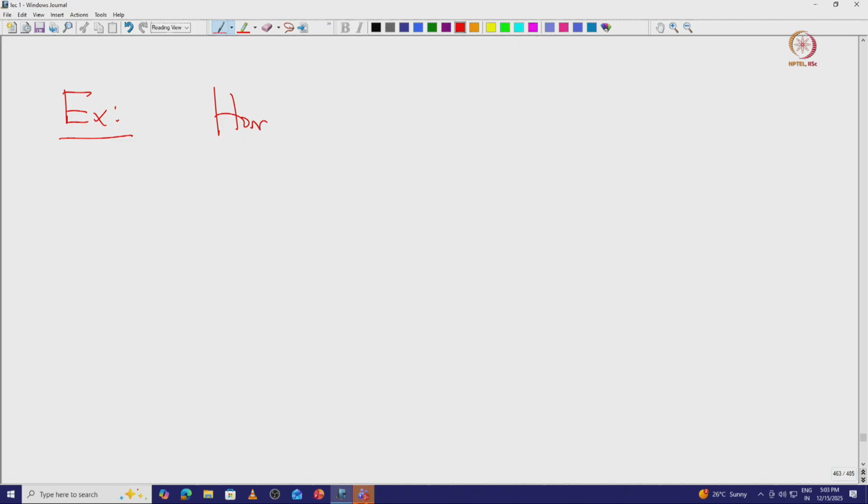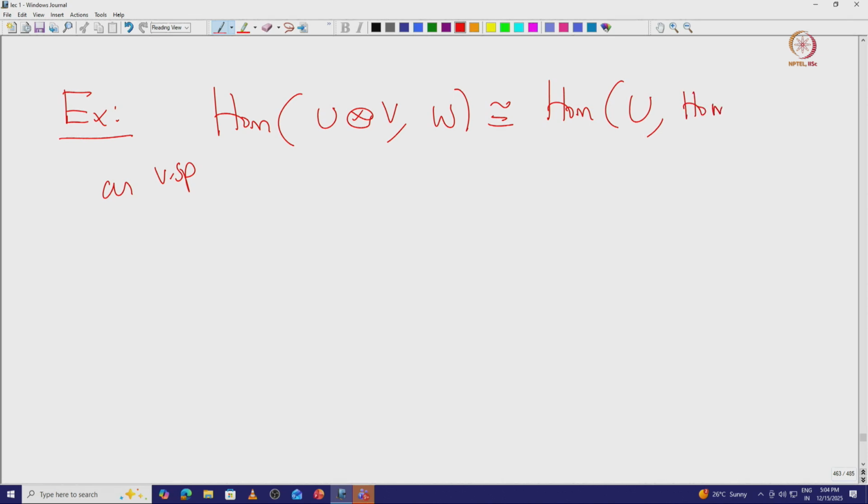So, Hom(U tensor V, W) is, as a vector space, isomorphic to Hom. So, you can move this tensor to the Hom on the other side: Hom(U, Hom(V, W)).